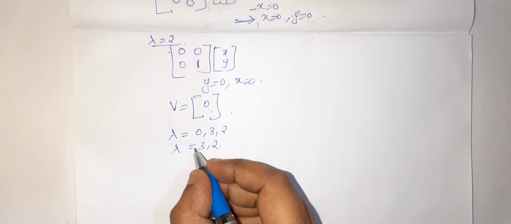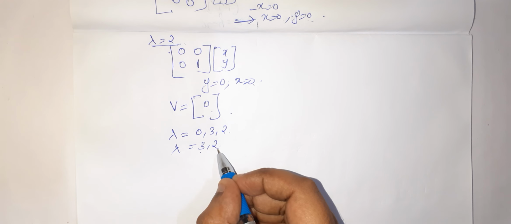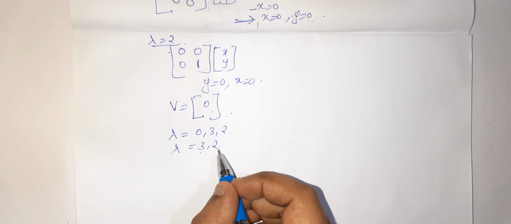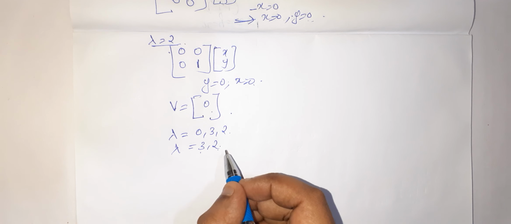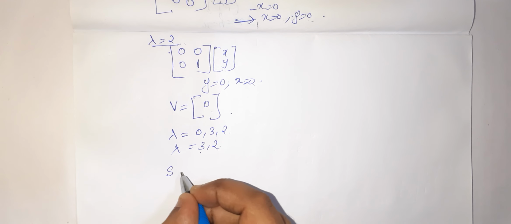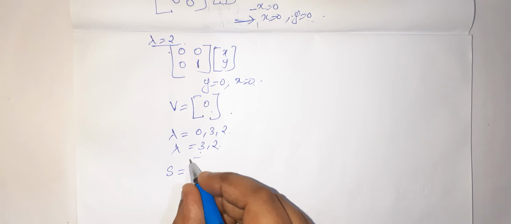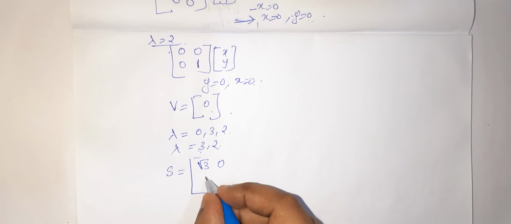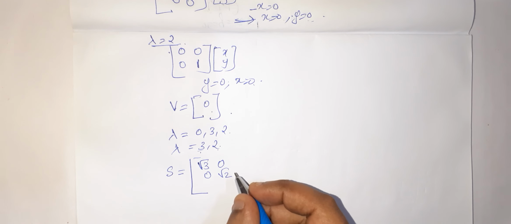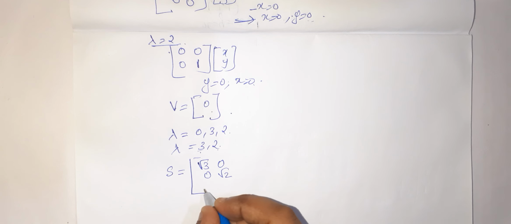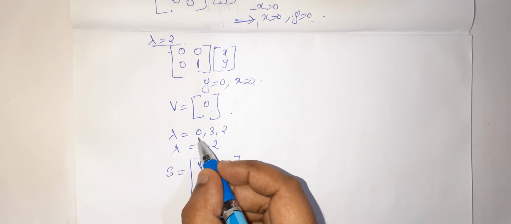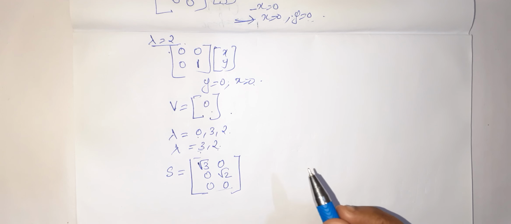Then just take the square root of these values and place the square roots of the lambda values as the diagonal elements of a 0 matrix to get the matrix S, that is a diagonal matrix. Then matrix S will be square root of 3, 0, 0, square root of 2, and one more row full of zeros, that is our last lambda value 0.